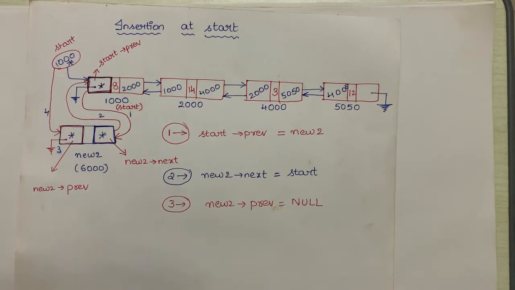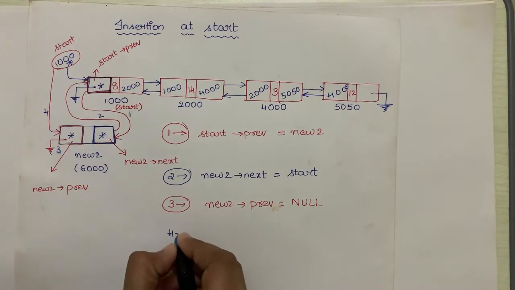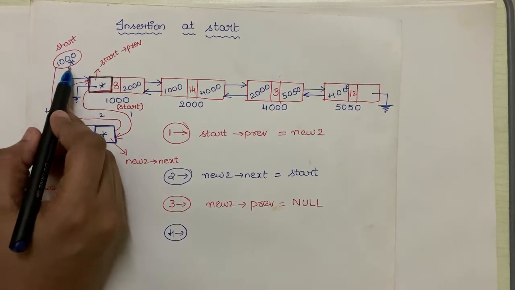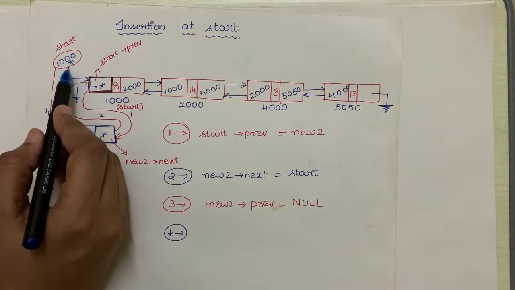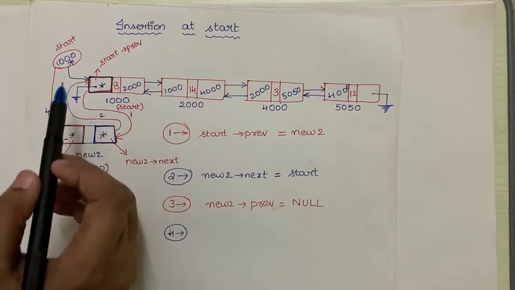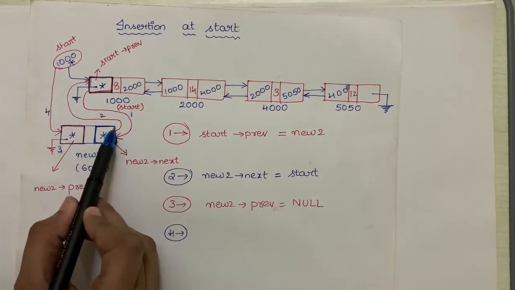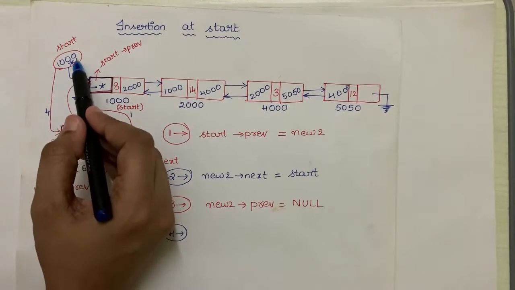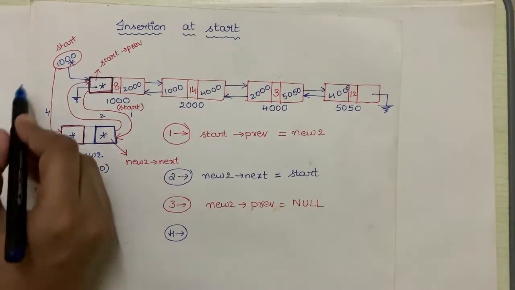Next, the fourth one. Here the header node property is that it stores the address of the starting node in the double linked list. Now our new starting node is this one, 6000. So in place of 1000, 6000 must be overwritten.